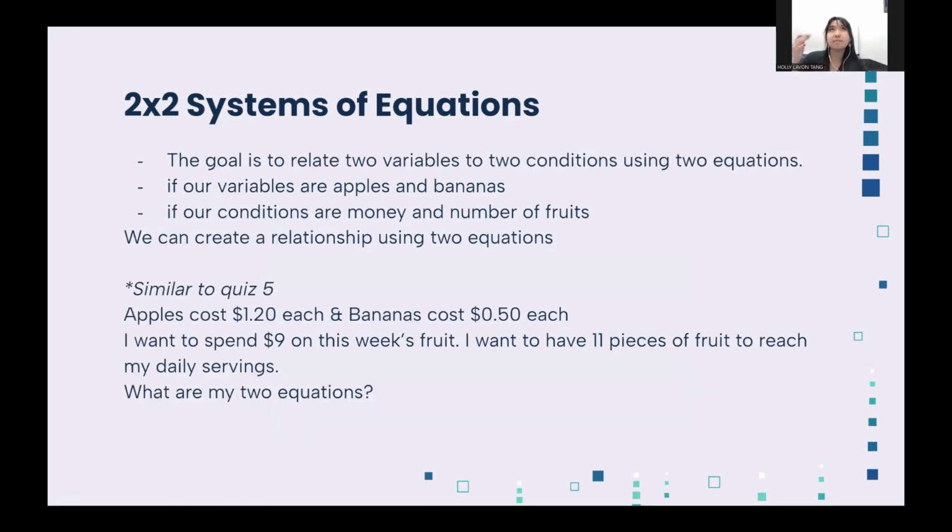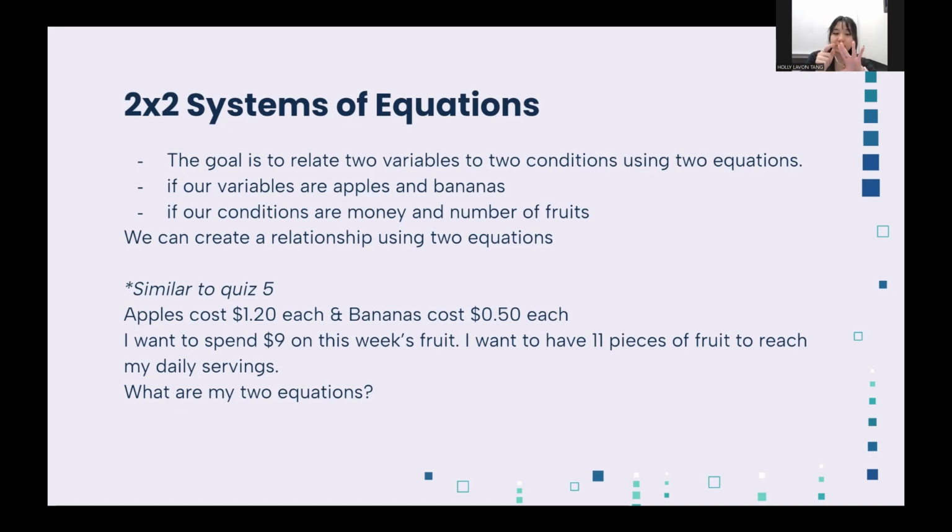So how to make a 2x2 system of equations. Your goal is to relate the two variables using two conditions, with two equations. Like in quiz 5, where our two variables are apples and bananas, we wanted to relate them to an amount of money and the number of fruits that we want.